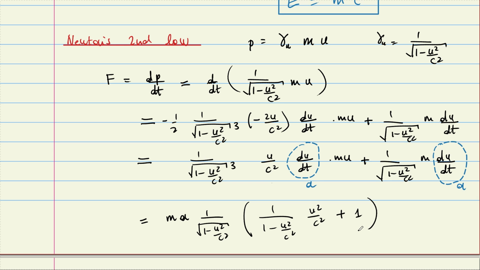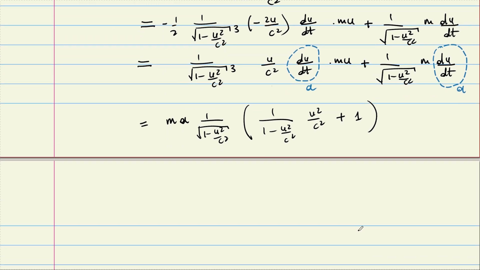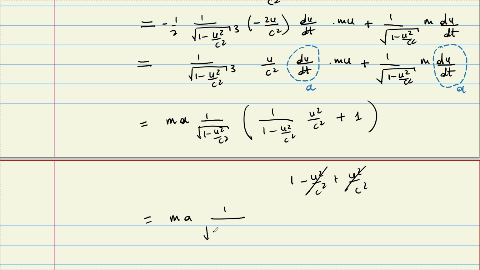Is that true? Yes, that's plus 1. And now I have 1 minus u squared over c squared plus u squared over c squared. Cancel that with that. So this entire thing is going to be m a times 1 over 1 minus u squared over c squared cubed.